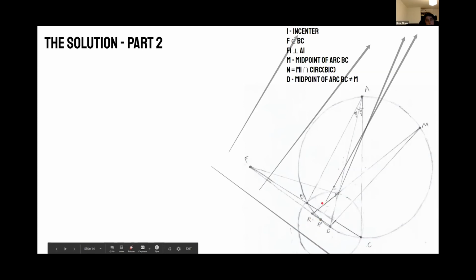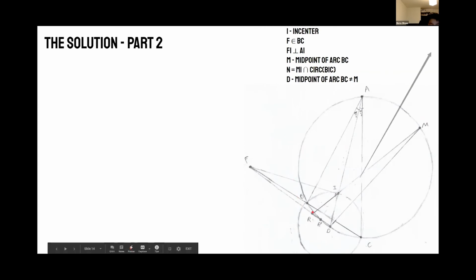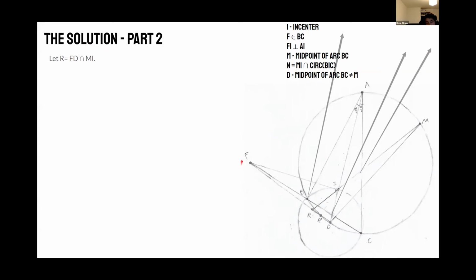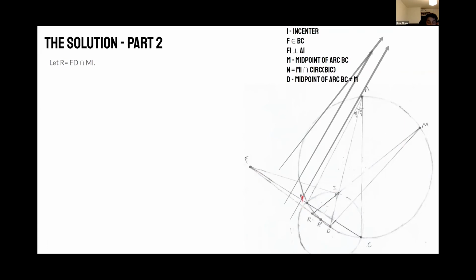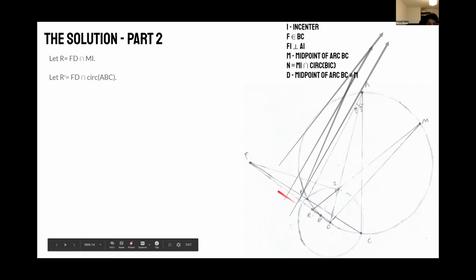So now we want to prove this, and there's a pretty nice way of doing this. Namely, we introduce R to be FD intersection with MI, and R prime, which will be FD intersection with the circle. So R won't necessarily be on the circle, but R prime will.